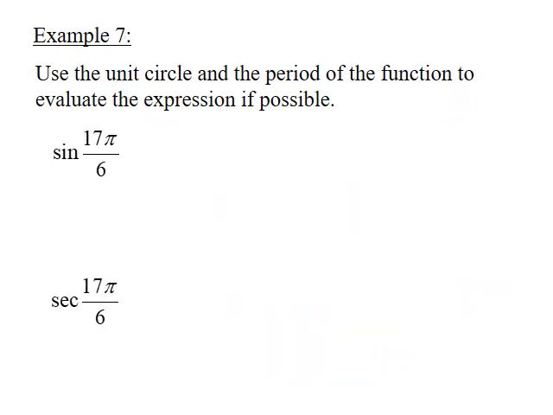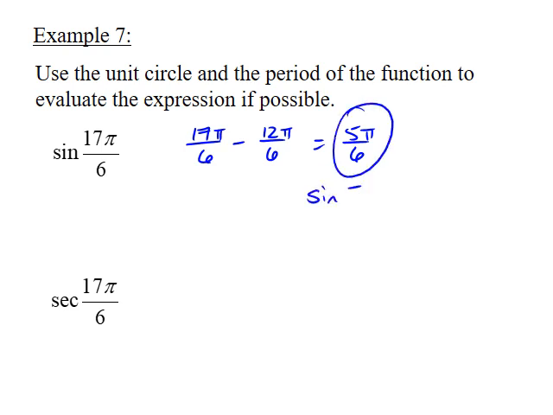Here, again, sine has a period of 2 pi, so I can take 17 pi over 6 minus 2 pi, which is 12 pi over 6, and this is 5 pi over 6. I want to use 5 pi over 6 because it's a little smaller and easier to manage in one revolution of the unit circle.